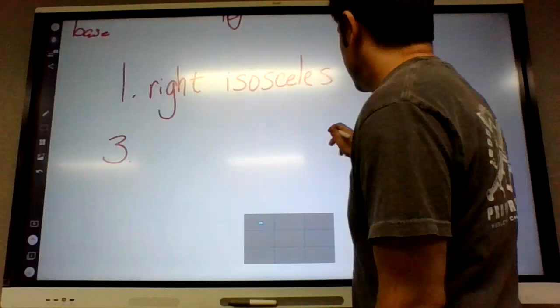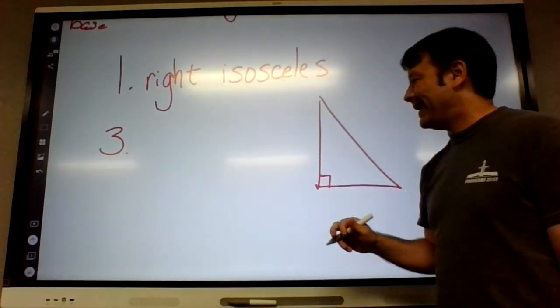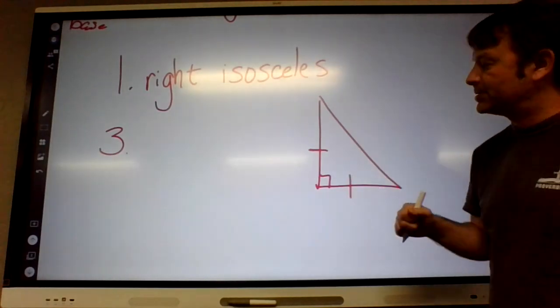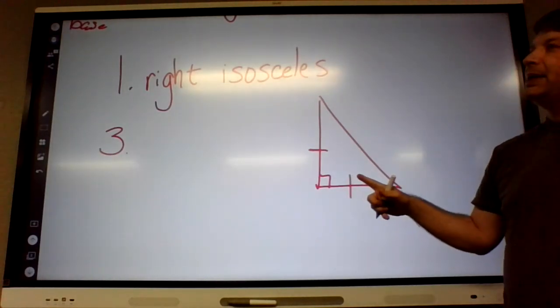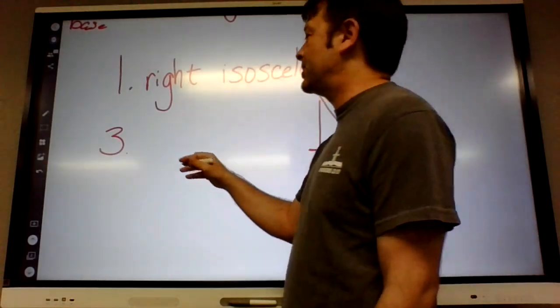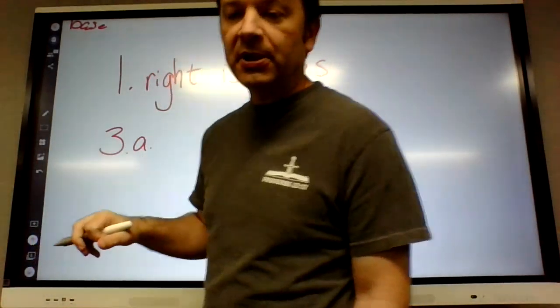Okay, on number 3, it says, use the figure in exercise 1 to name the following. A, the legs. So, number 1 is both a right and an isosceles triangle. Which sides are the legs? Y, Z, and Y, X. Yeah, I should have labeled it first.